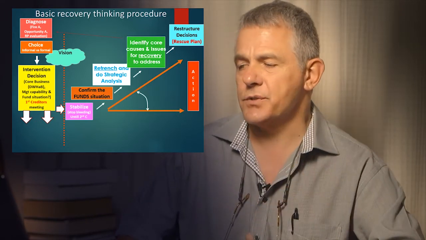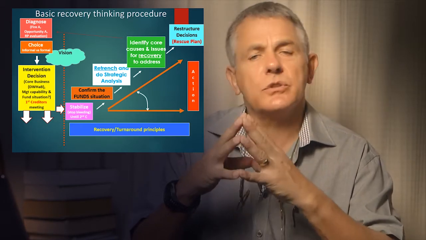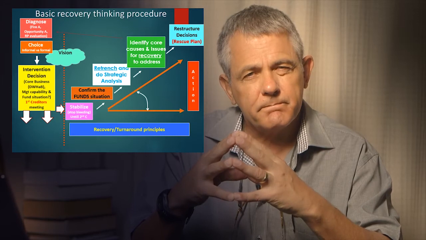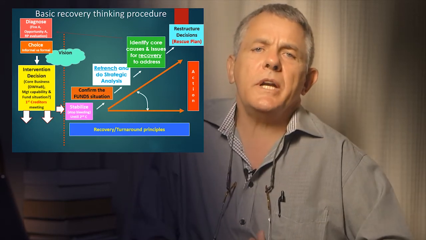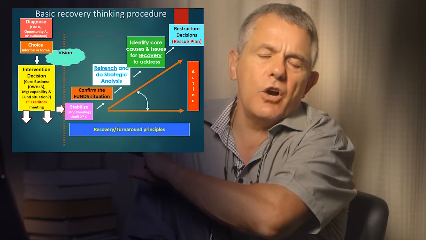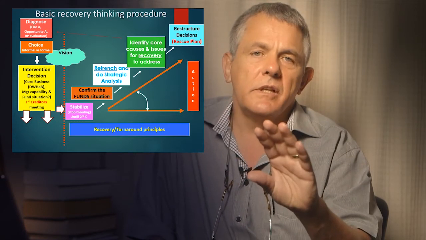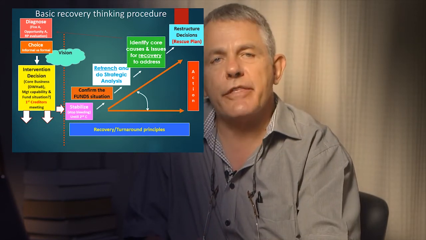During this process, there are certain principles, which we would call recovery or turnaround principles. Those principles are quite important because they would be very general over all the cases. They would be part of the thinking.